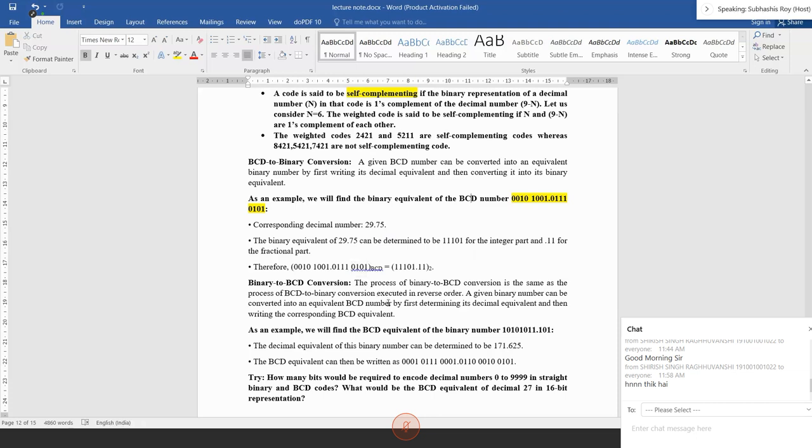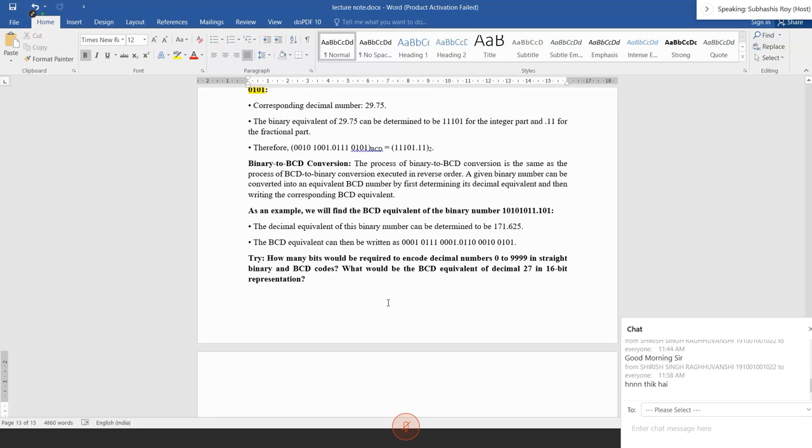Similar to that, the opposite thing is when you are converting a binary number to a BCD number. A binary number is already given. From that binary number, you need to get the decimal number. Once you get the decimal number, each and every digit can be represented by a 4-bit combination.